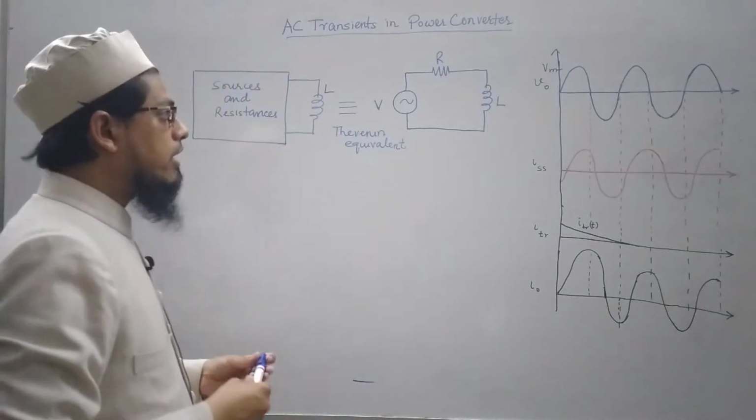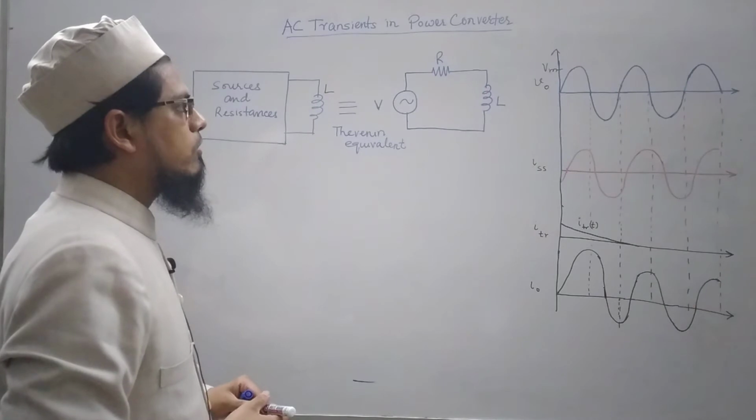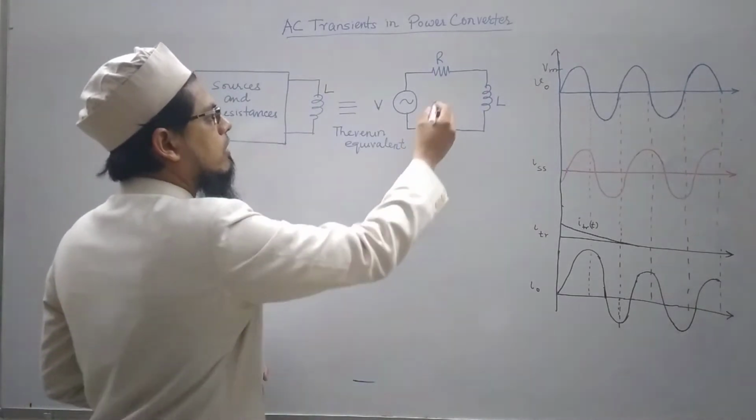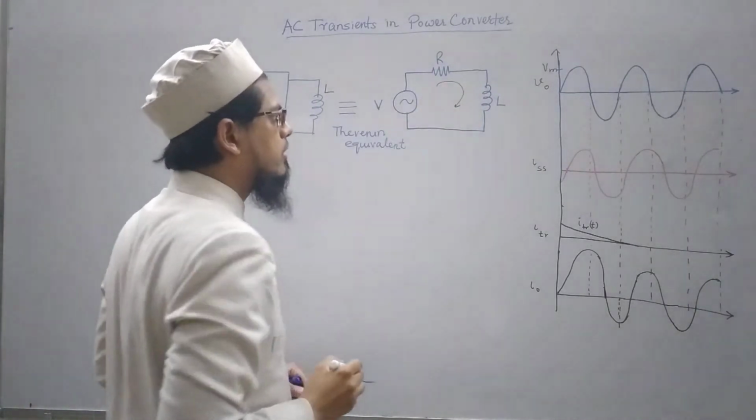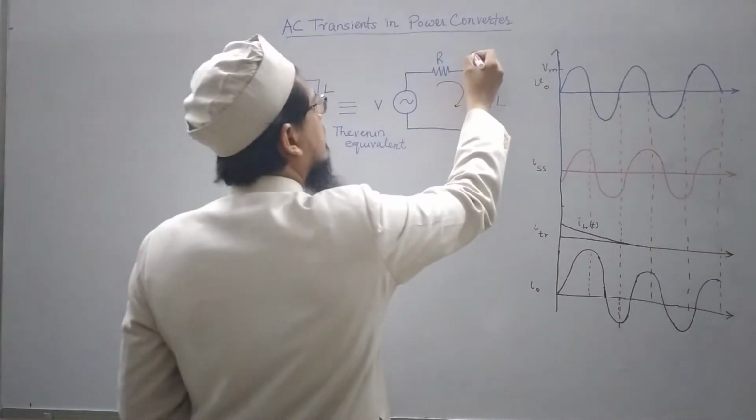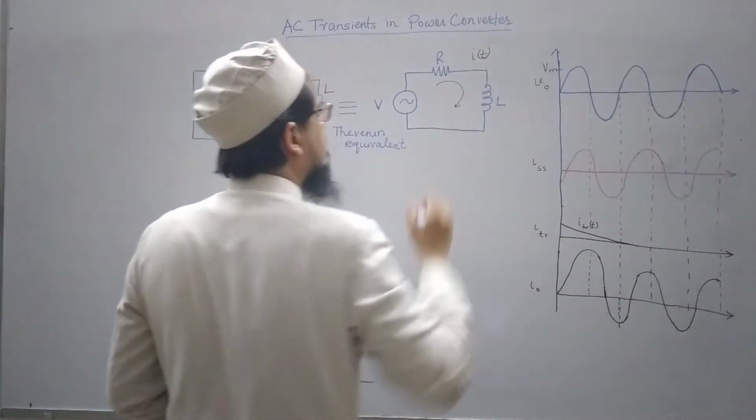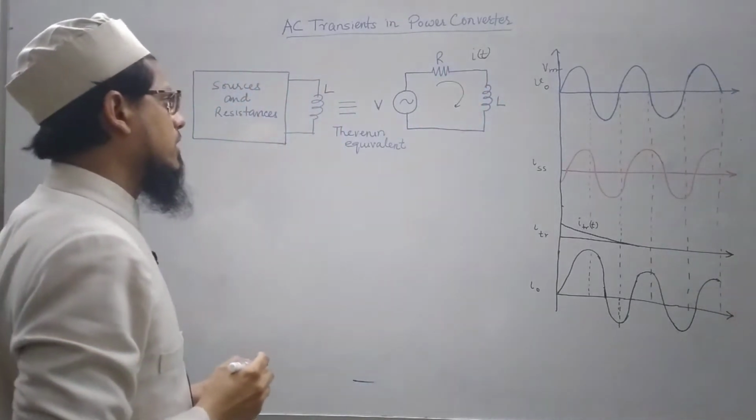Okay, so let's start by writing down the KVL equation for this particular circuit. Let us assume that iT is the current flowing in this circuit.